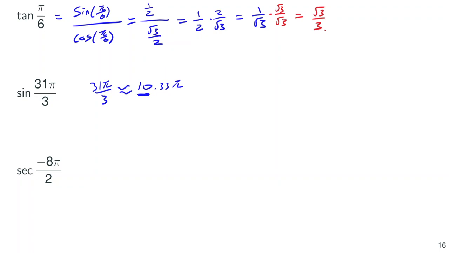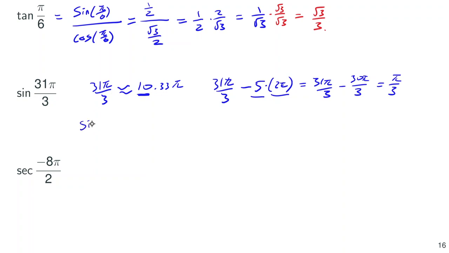Since 2 pi is a full rotation, we can subtract 5 full rotations from 31 pi over 3. Then we can use a common denominator. 10 pi is 30 pi over 3, so we get pi over 3. So pi over 3 is coterminal to 31 pi over 3.